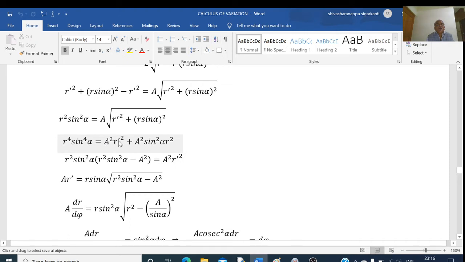I will keep this a square r dash square on the right side, take the other term onto the left hand side, and take sin square alpha r square common factor. Here we get r square sin square alpha times (r square sin square alpha minus a square).